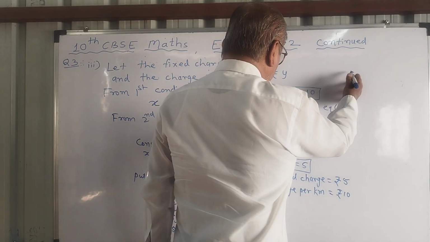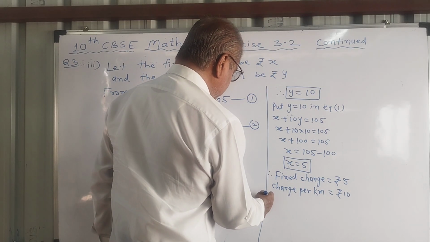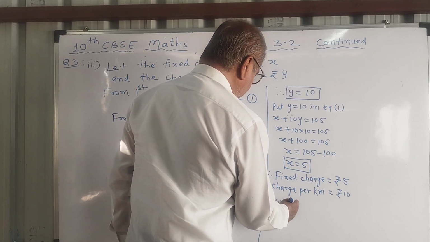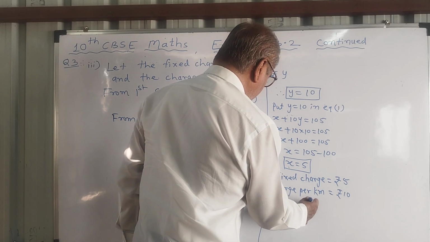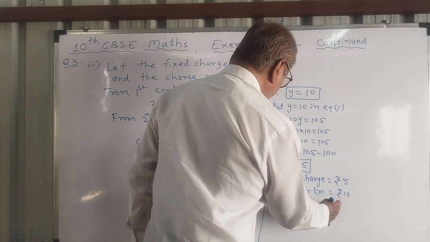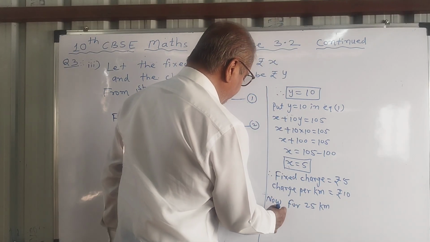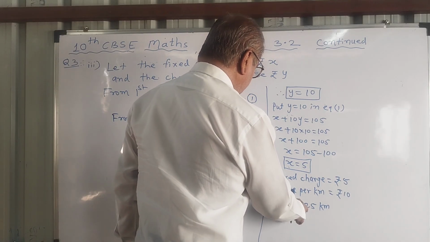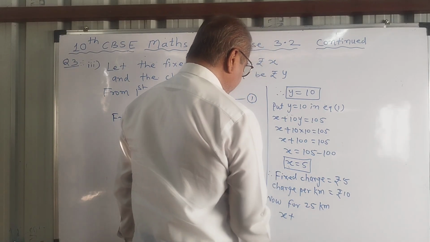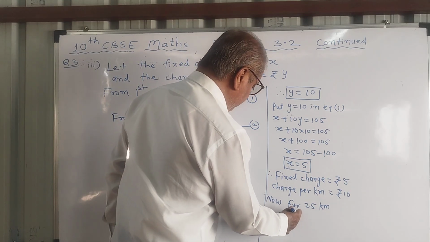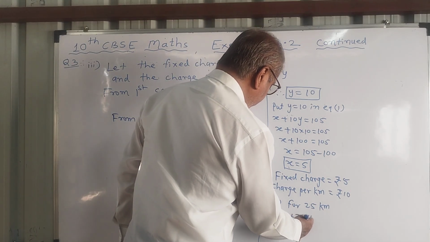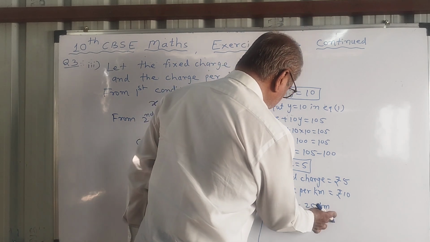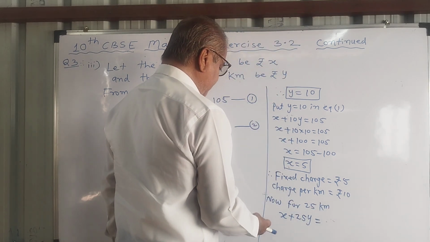Now one more question they have asked. For 25 kilometers, fixed charge is x, and for 25 kilometers the charge per kilometer is y. So for 25 kilometers it will be x plus 25y is equal to, now we have got the values of x and y.